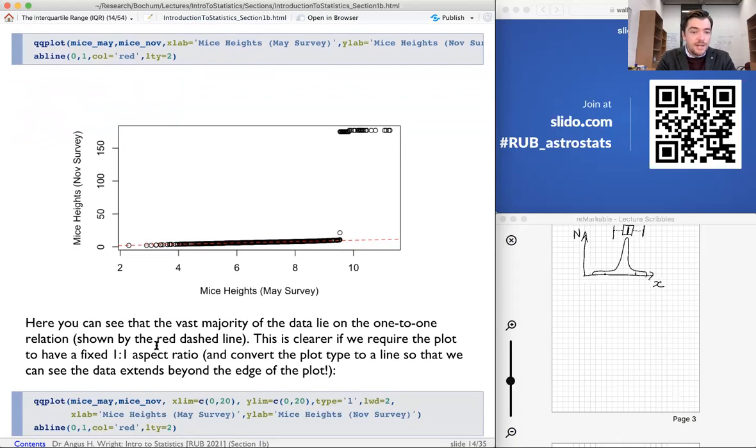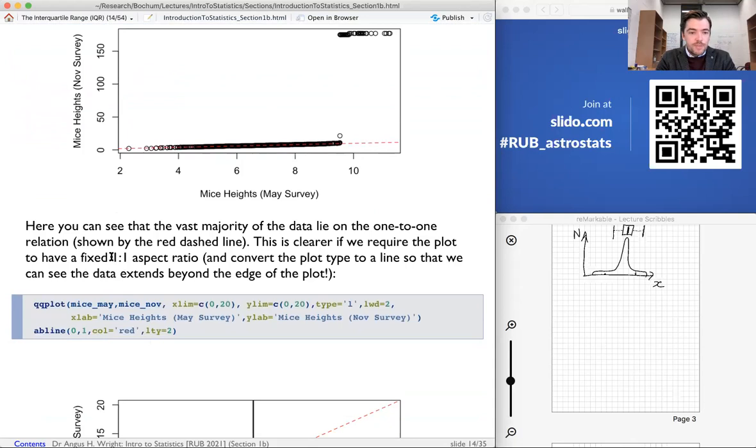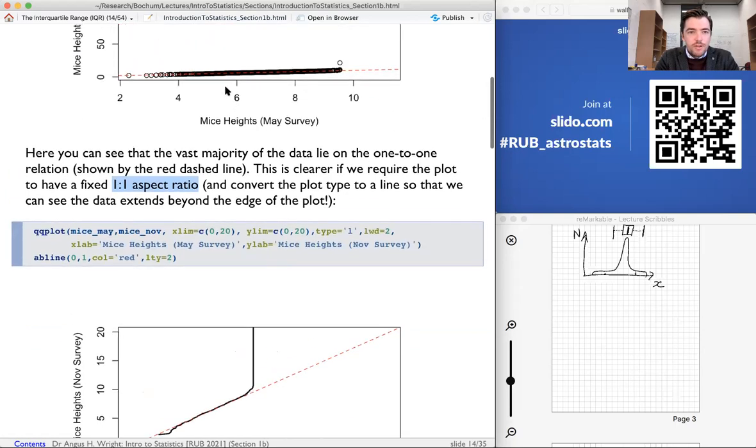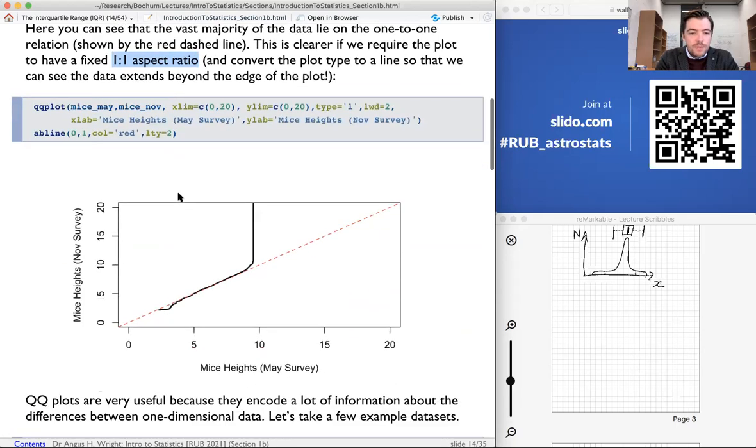And so instead, we can plot with a fixed aspect ratio. So one step in X is one step in Y. And we can plot it around the region where the majority of the data is. And I've converted the points to a line now. And what you can see is that the overwhelming number of quantiles of the heights of the May survey and the November survey sit on the one-to-one line.